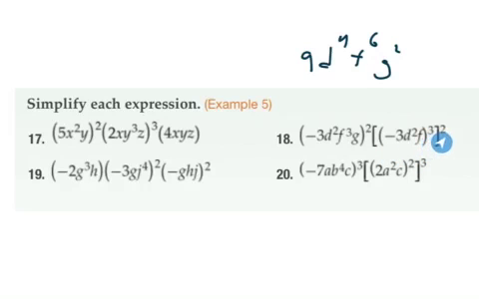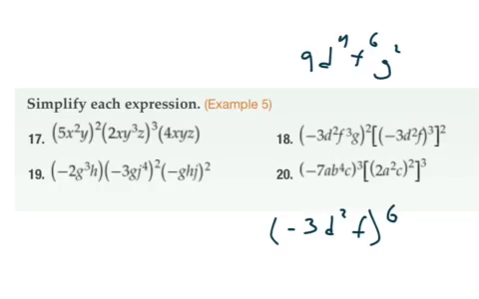Now here, notice I have these two powers side by side, separated by grouping symbols. This is a perfect power to a power scenario, so I'm going to combine these together by multiplying to get negative 3d squared f to the 6th. So I'm going to combine those together.